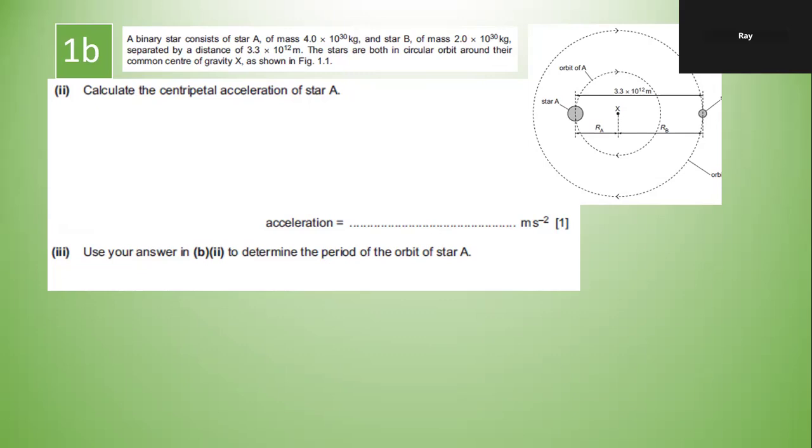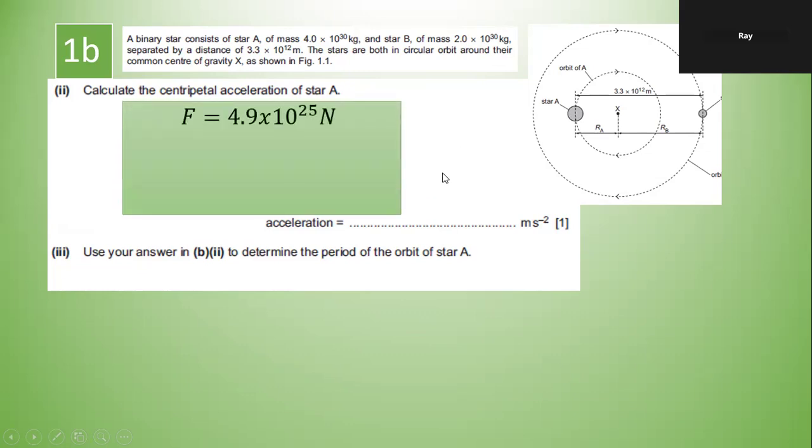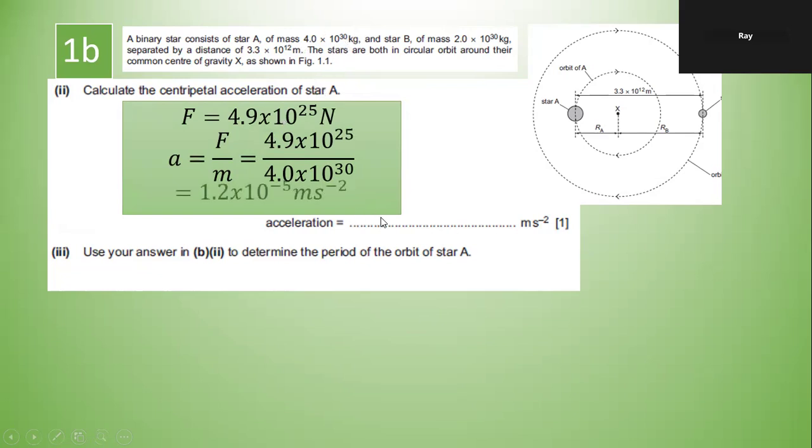You already found the force. So you have to find the centripetal acceleration of A. F equals ma. You already calculated that. So acceleration is F divided by m. F was calculated previously, there's your m, and get the answer.